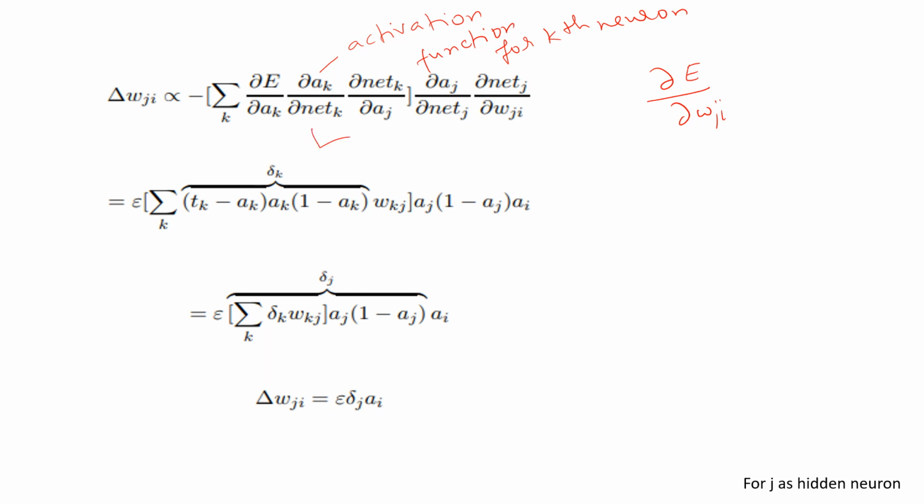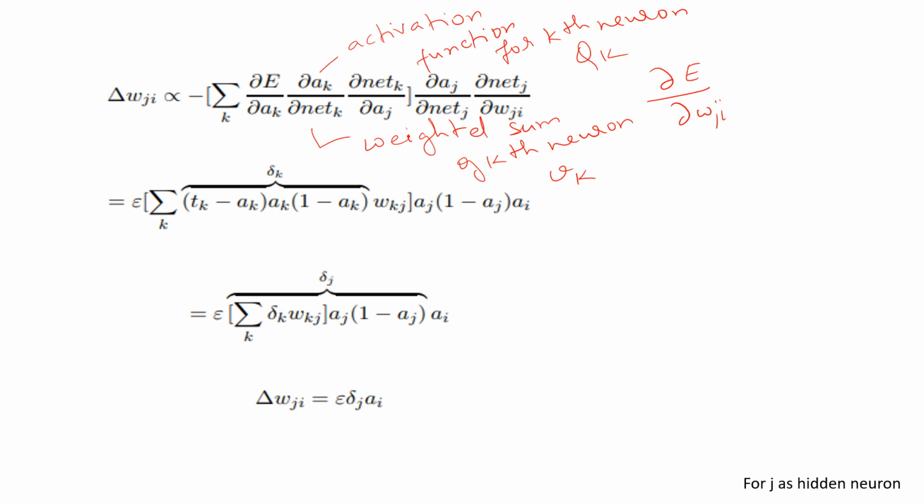Net K is the weighted sum, what we represented as the weighted sum of the kth neuron. So this we represented as Vk, this we represented as Yk. Then this is the activation function of the jth neuron, which is connected with the kth neuron at the output layer.